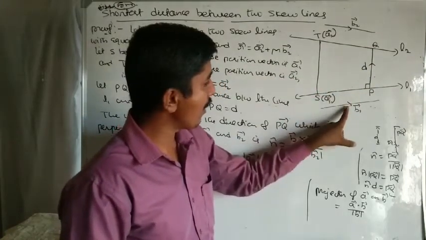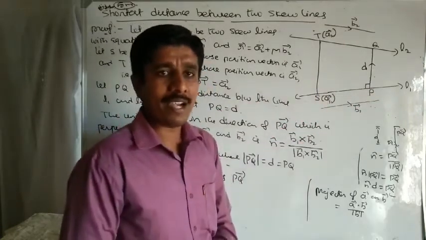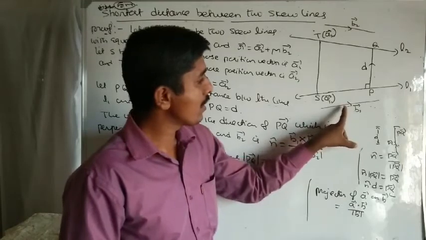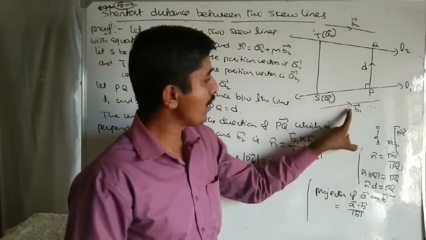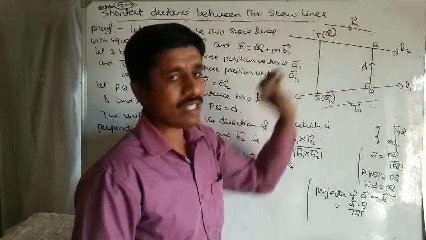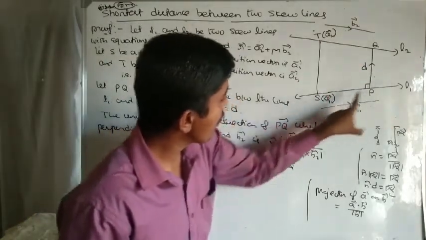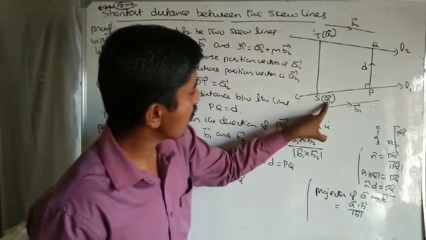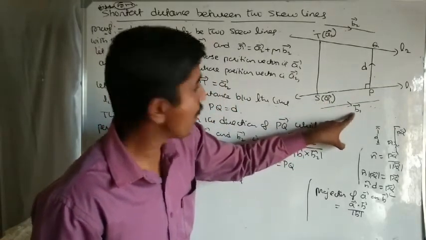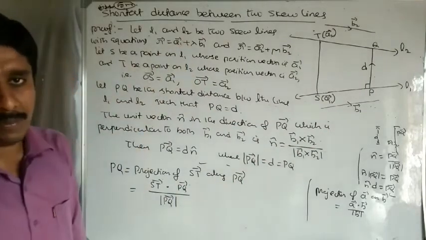Draw a line parallel to line L1, marked as vector B1, and a line parallel to line L2, marked as vector B2. The equation of line L1 passing through S, whose position vector is A1, parallel to vector B1, is vector R equals vector A1 plus lambda vector B1.